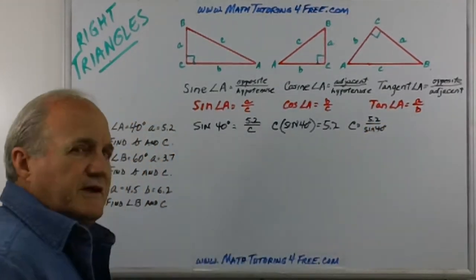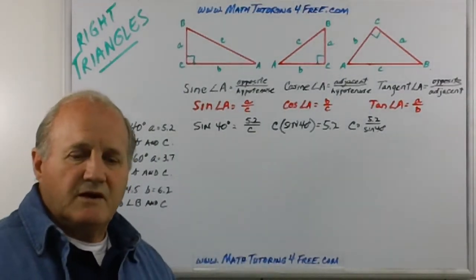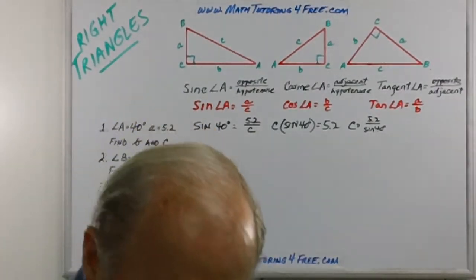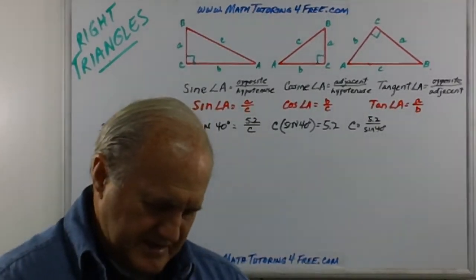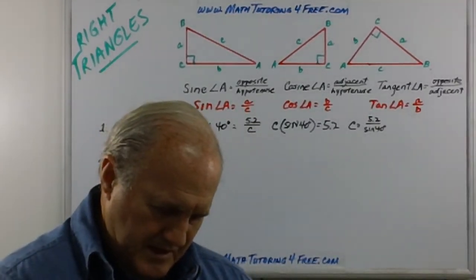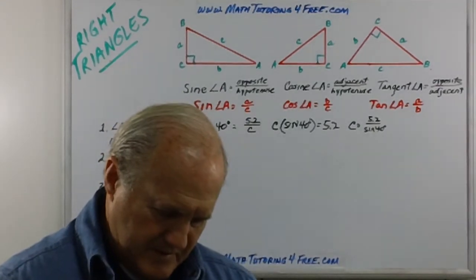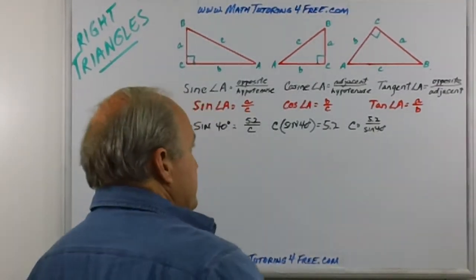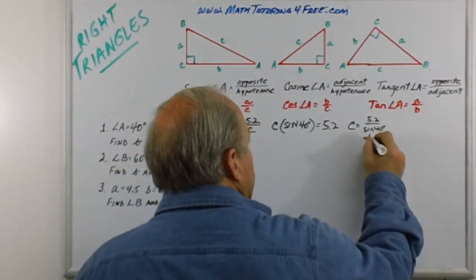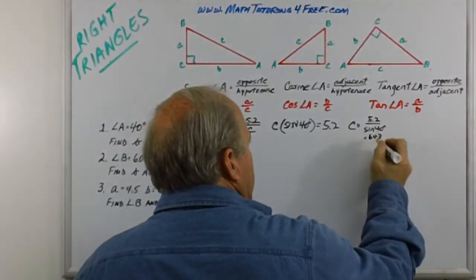Well, how do we get the sine of 40 degrees? Okay, we go into our calculator, we punch in the sine, and then 40, and it comes back and tells us that the answer is 0.643.